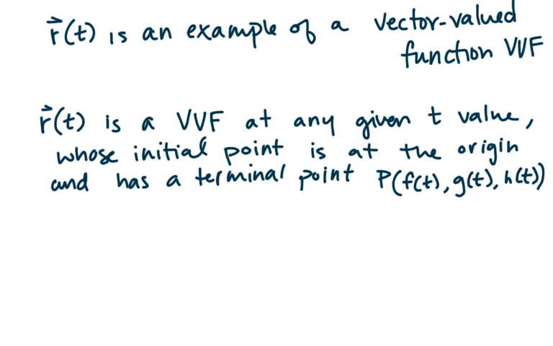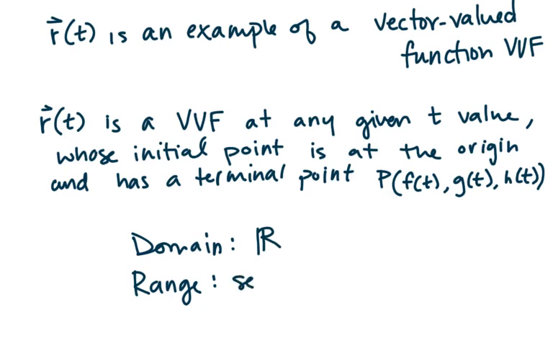And whenever we're talking about functions, we have a general domain and range. We always have to have a domain and range specified for every function we're dealing with. So our domain is going to be all real numbers, and our range is going to be a set of vectors.